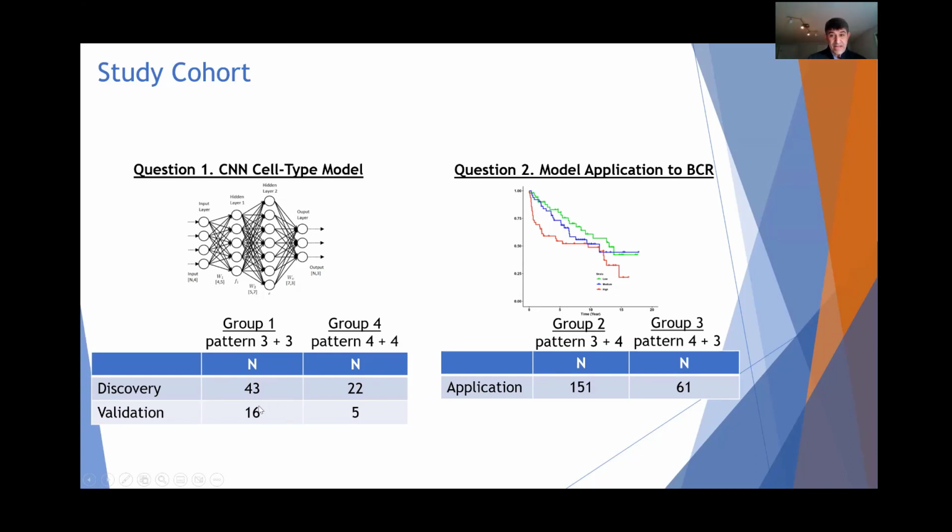Then the remaining 16 and 5 tumors respectively were used for validation. And when we applied the model to assess Gleason pattern 4 percentage, we had 151 grade group 2 tumors and 61 grade group 3 tumors.